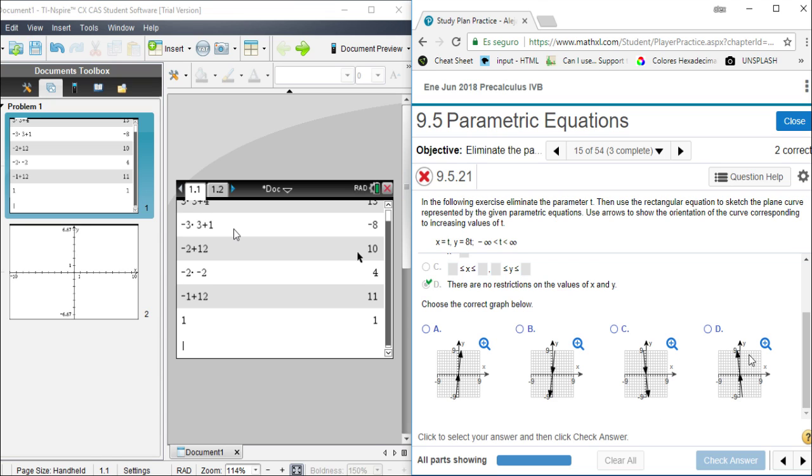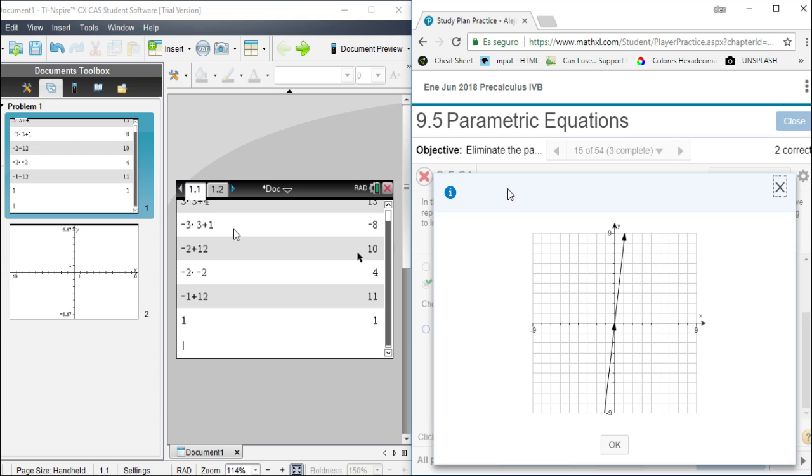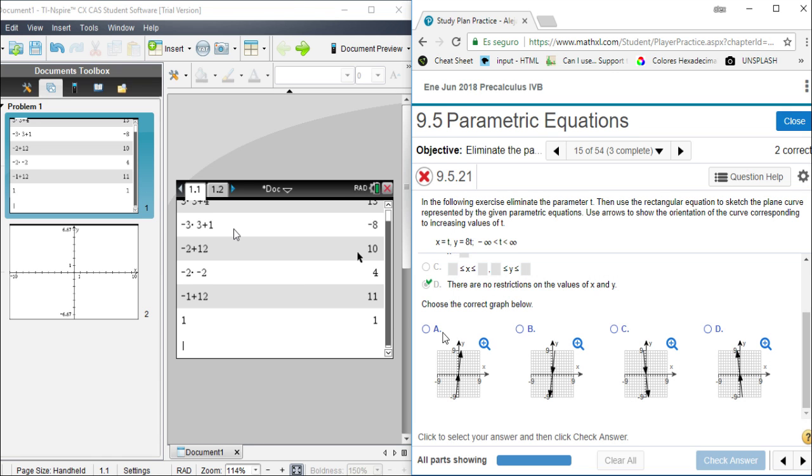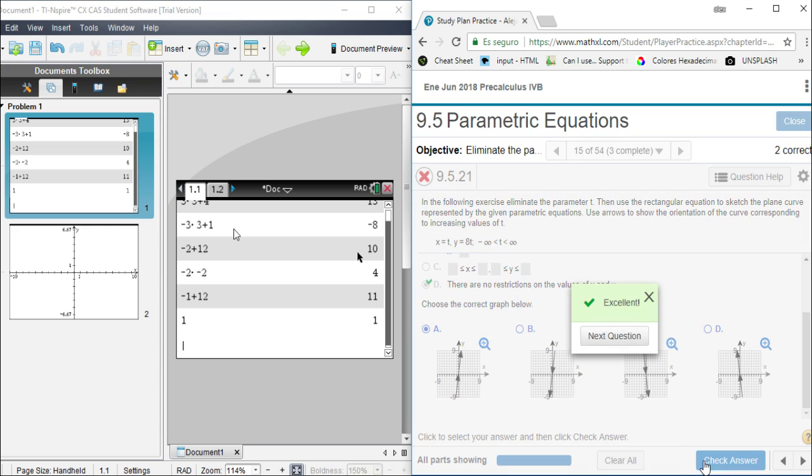This one is inverse. And also this one is inverse. So let's see, if we put a 0 in x, y is equal to 0, so all of them are on the same point. And if we use x equals 1, y will be 8. So this one will be the correct one. Yeah, let's go to the next question.